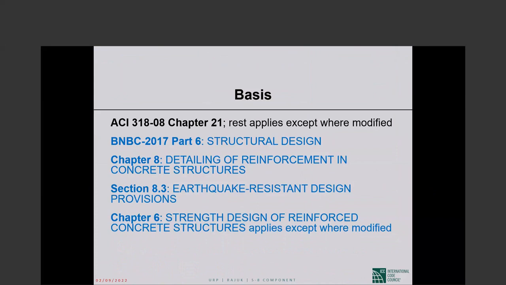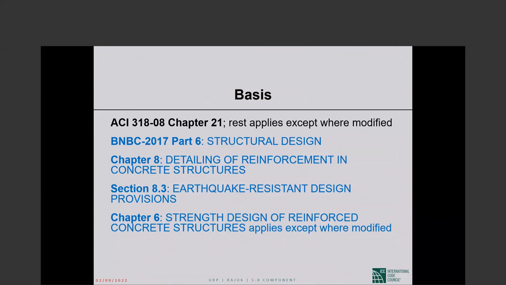So in 318-08, the seismic detailing requirements are in chapter 21. Now, very, very importantly, when you are in chapter 21, it is not that the rest of ACI 318 goes away.